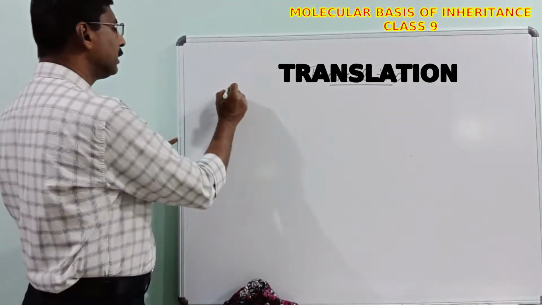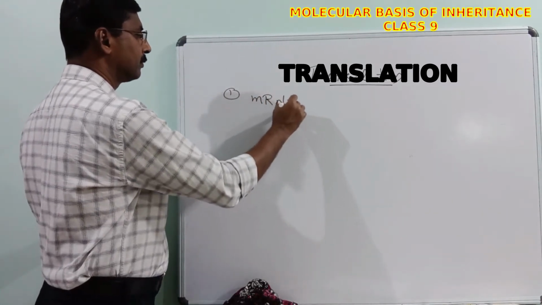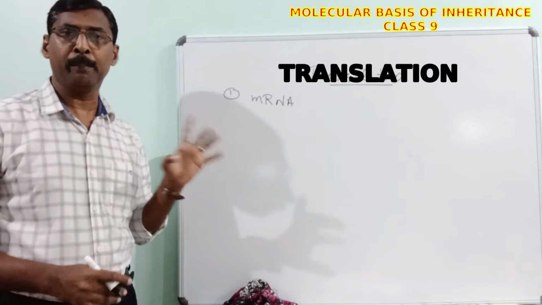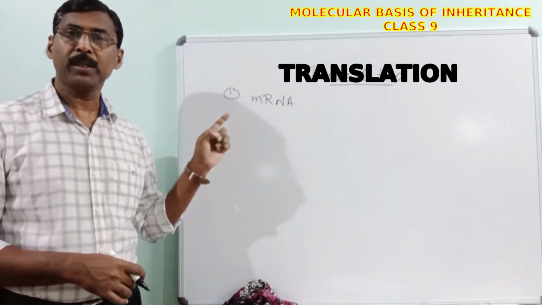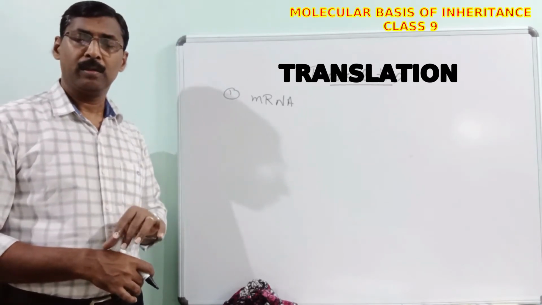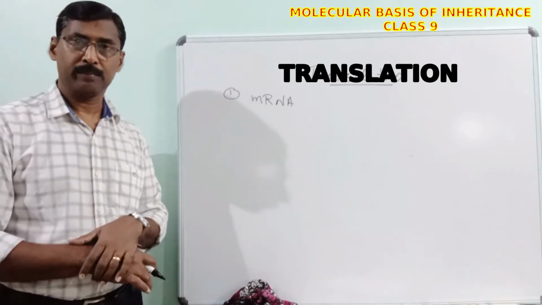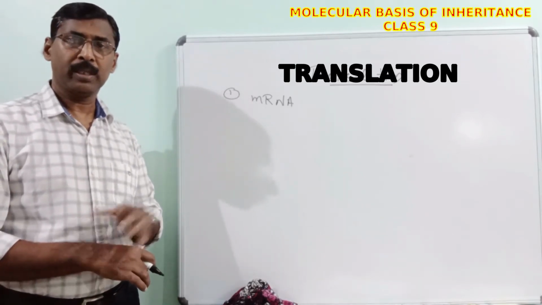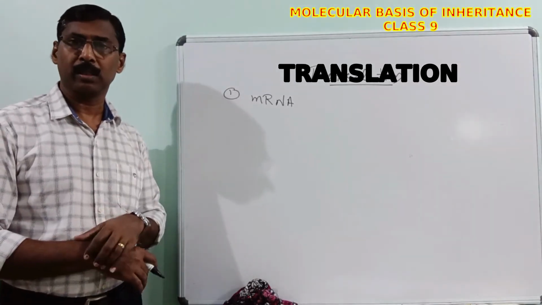The first one is mRNA, of course. There should be an mRNA which carries the triplet codes or genetic codes for the amino acid sequence in the protein. About mRNA we had already studied in the previous classes.